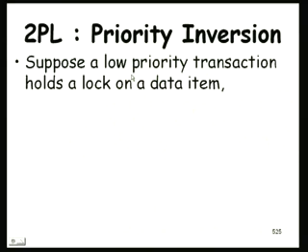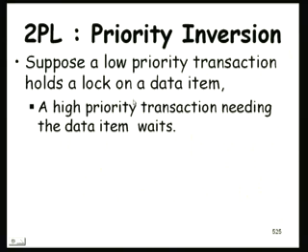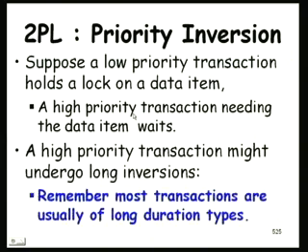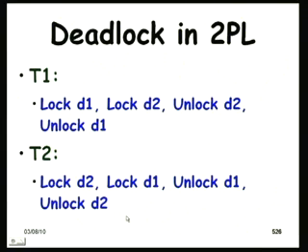Suppose a low priority transaction holds a lock on a data item. A higher priority transaction needing that data item will have to wait, and as a result it will undergo long inversions, because most transactions are usually long duration types.